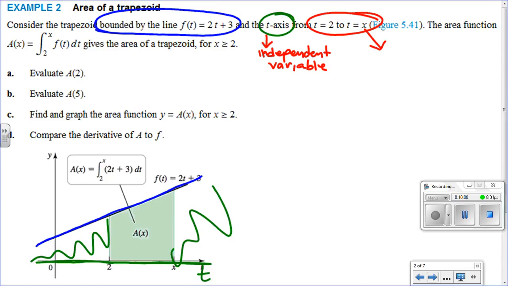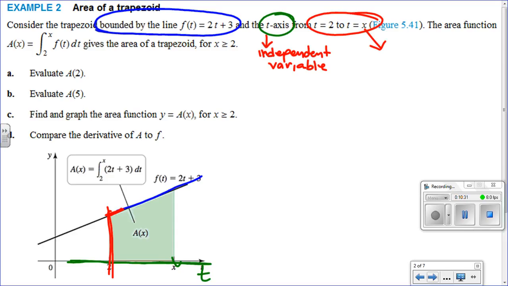But so then we start at 2 because that is our lower limit. Right here. So it's still bounded there. And so now you guys can see that we're going to have a trapezoid, right? And now for x greater or equal to 2.